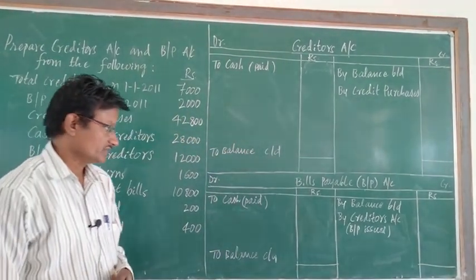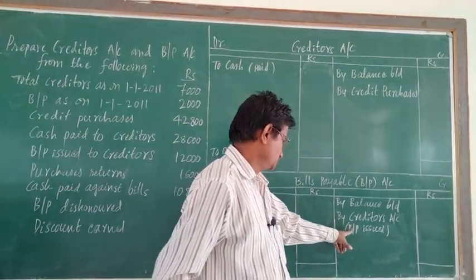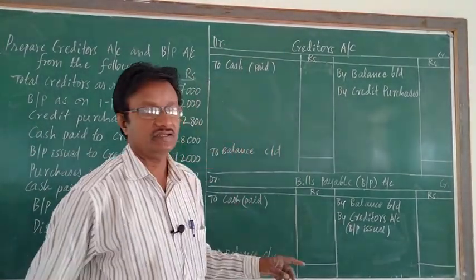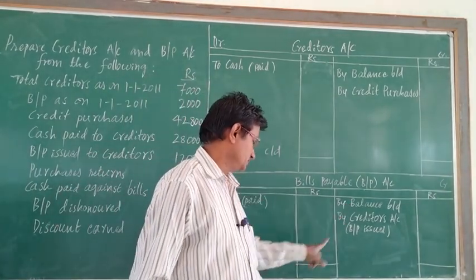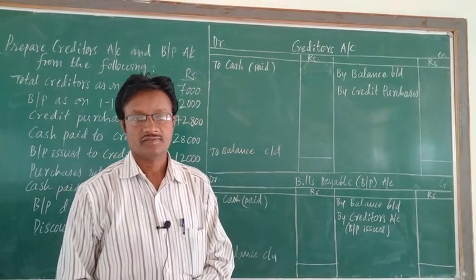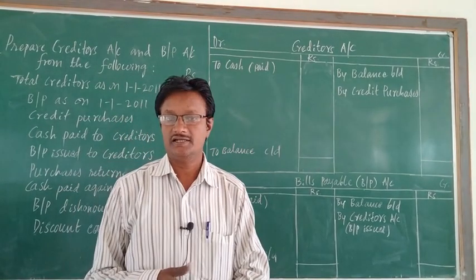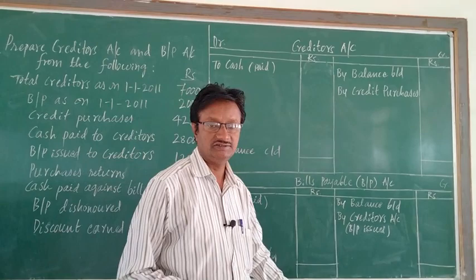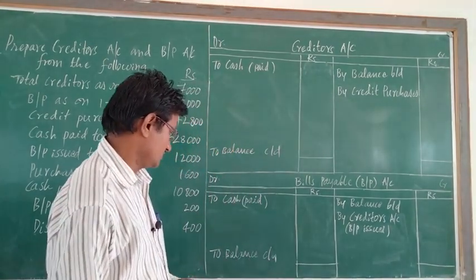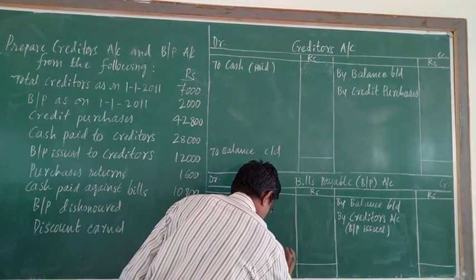So bills payable issued and also cash paid against maturity of bills, and opening balance, closing balance. Out of these four items, three are known and the fourth one is the missing item. Let us make entry one by one.